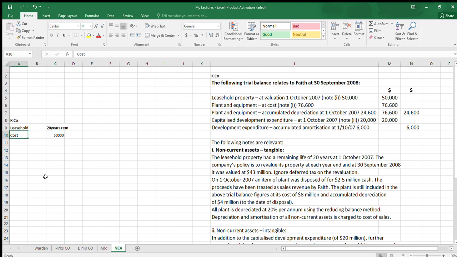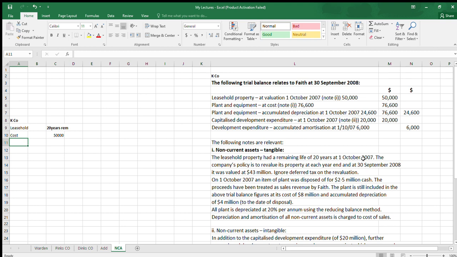That is the cost. Now we are preparing our financial statement to 30th September 2008. That is the year end. And now the question is saying that it is having a remaining life of 20 years as at 1st October 2007. So what we need to do is to depreciate it to the 30th September 2008.